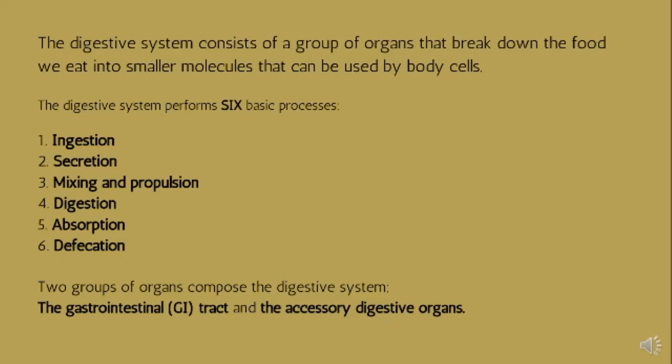There are 2 groups of organs that make up the digestive system, which are the gastrointestinal tract and the accessory digestive organs.